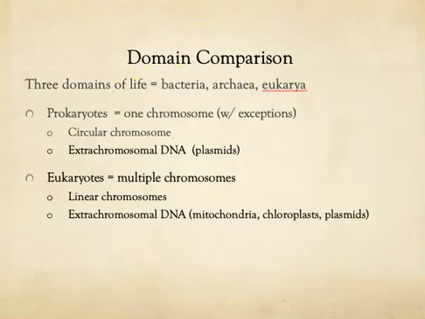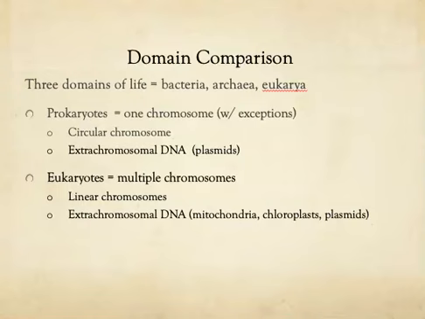Remember, all of the living things on this planet can be organized into one of 3 groups: the bacteria, the archaea, and the eukarya. These are what we refer to as the domains of living things. The bacteria evolved first, followed by the archaea, followed by the eukarya.